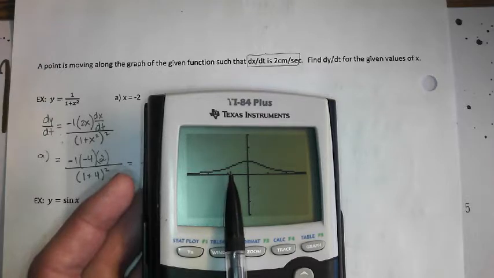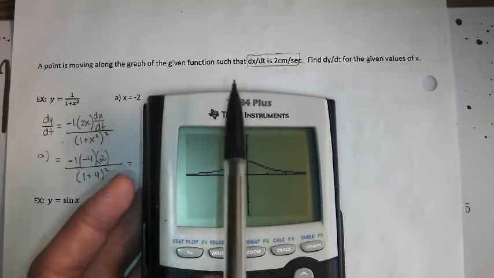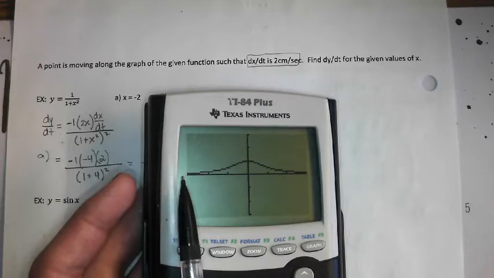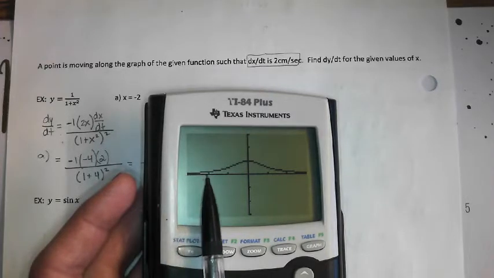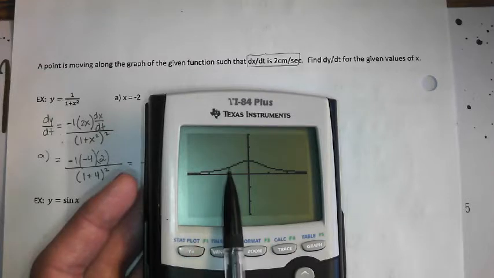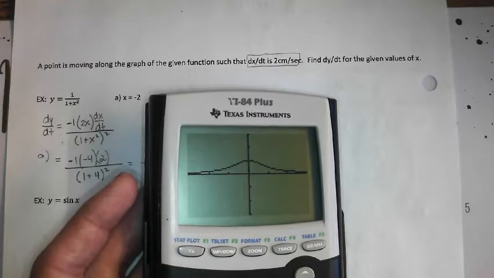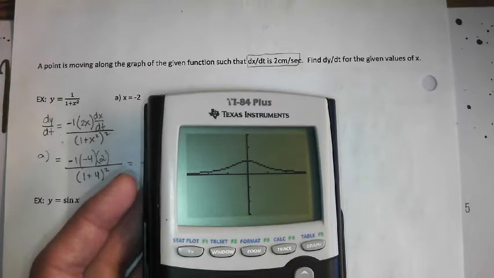And why? If horizontal movement is 2 centimeters per second regardless, it goes from here to here in 1 second, let's say. And it goes from here to here in 1 second. Which one is the actual point moving faster overall? Take a stab at it, Liam.